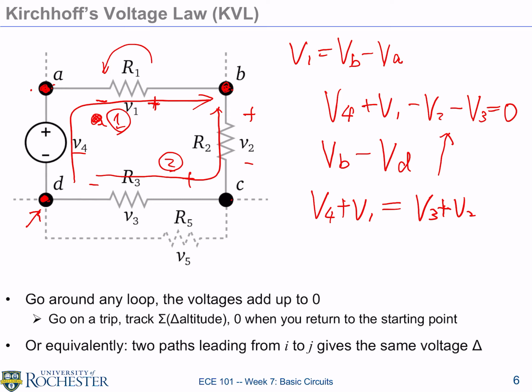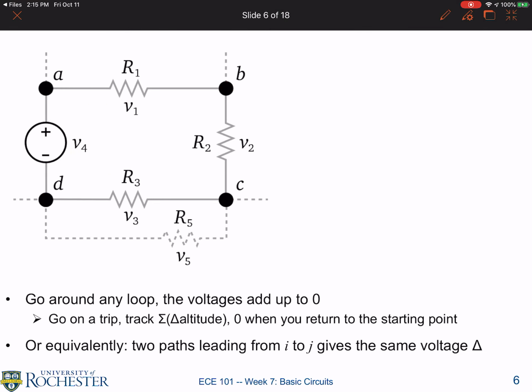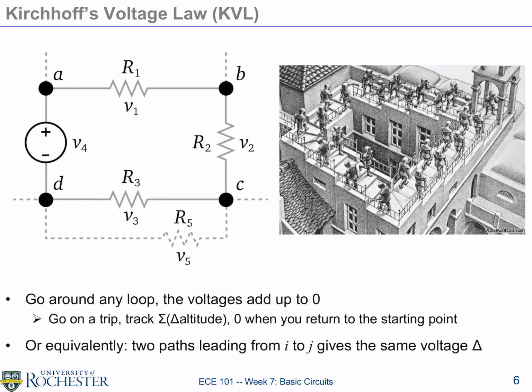They have to be the same, which really is just another way of writing that equation over there. This is rather straightforward, okay? It basically says this: if you keep on walking and you go around and reach the same point, you have the same altitude.